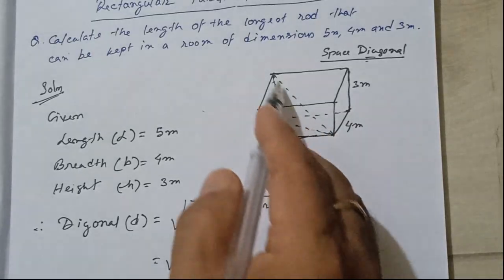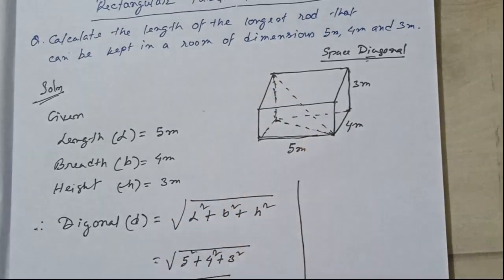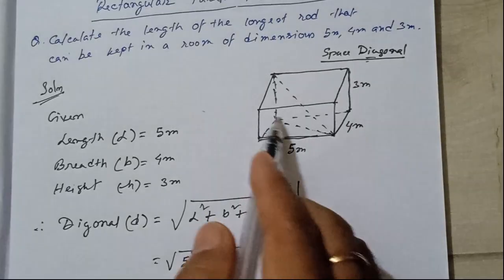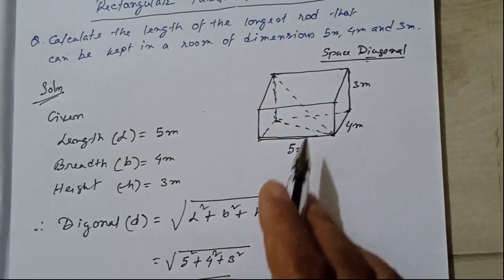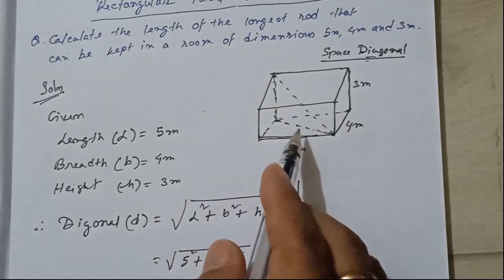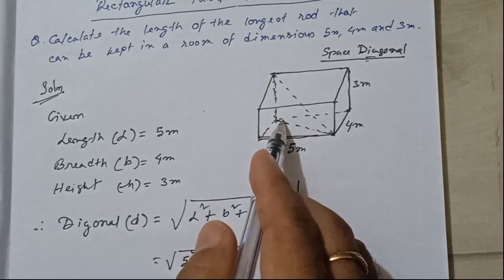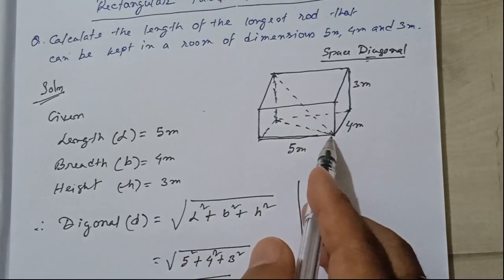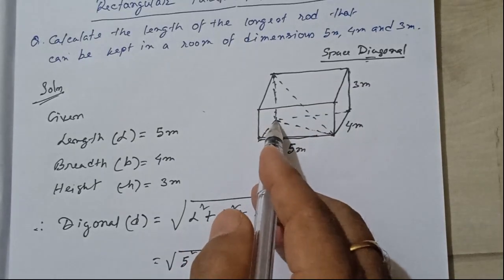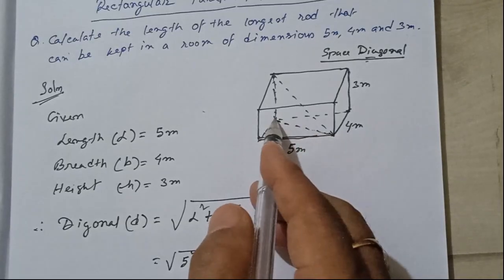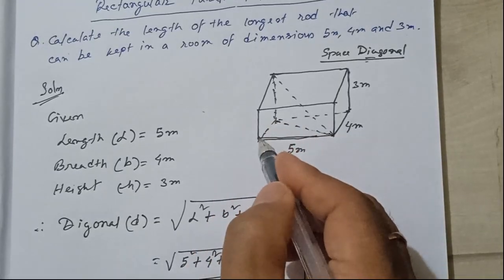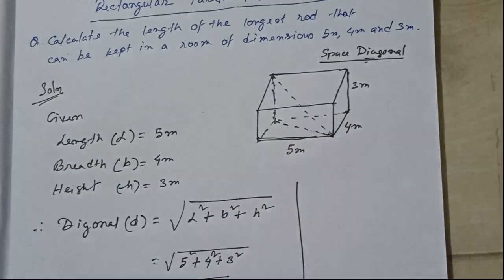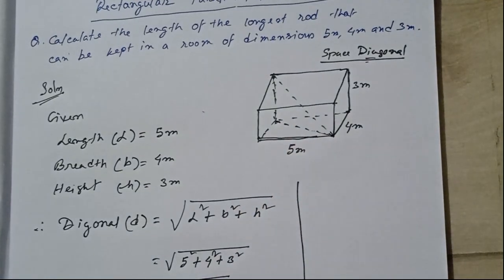Now this one is a right angle triangle. This is a surface diagonal, and here, here and here, this is a right angle triangle, right?